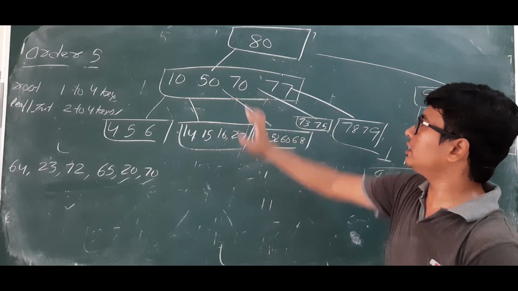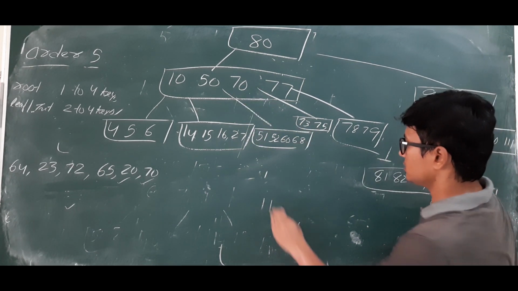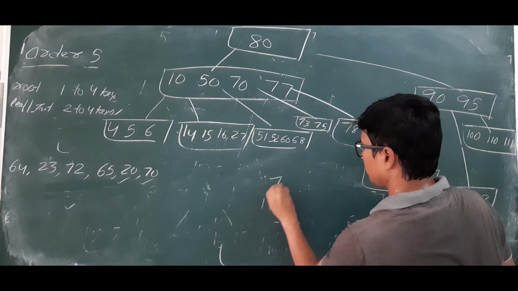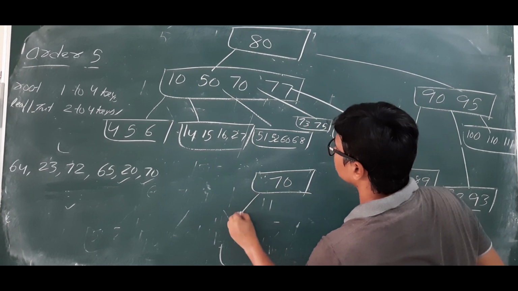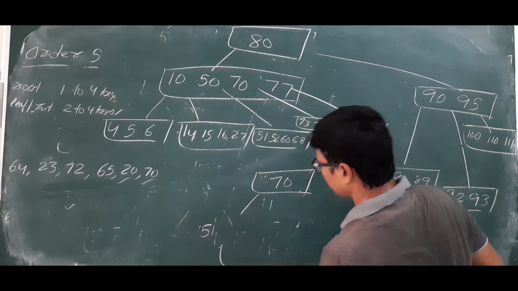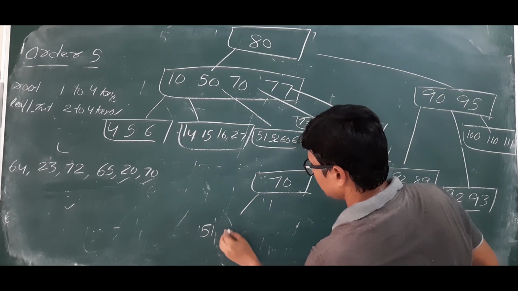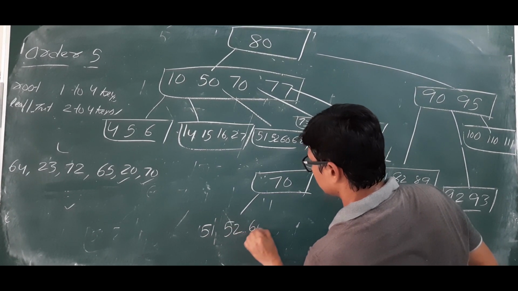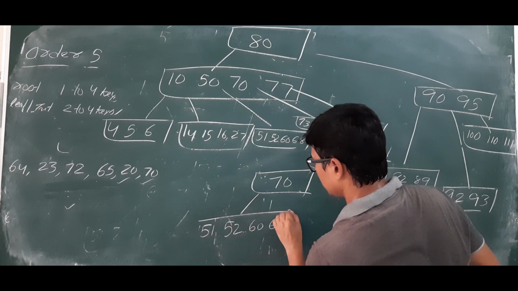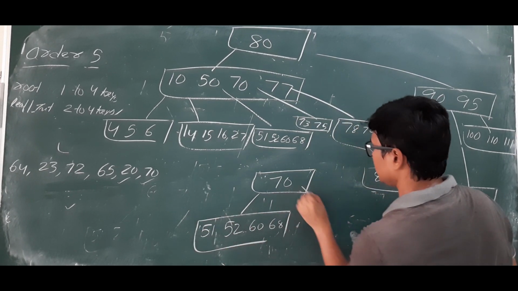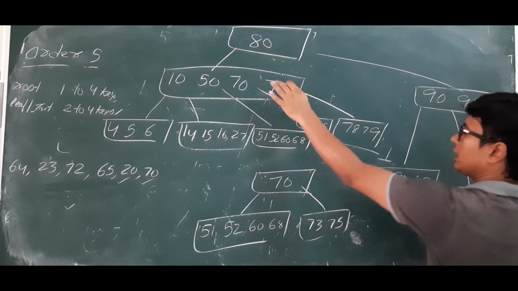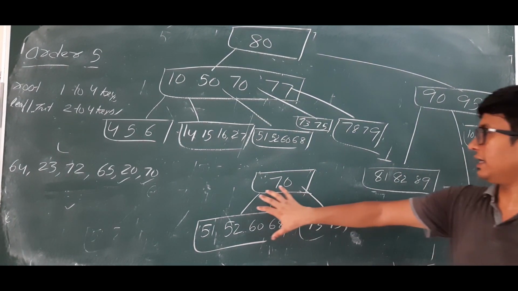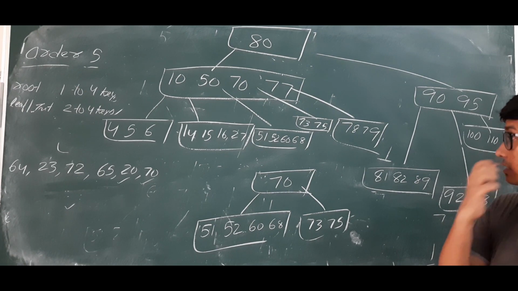If I want to delete 70, I will write it here properly so that you will understand. You have 70 here, and to the left of 70 you have 51, 52, 60, 68. To the right of 70 you have 73 and 75. I will not write the entire remaining part; for better understanding I will draw it simply like this.